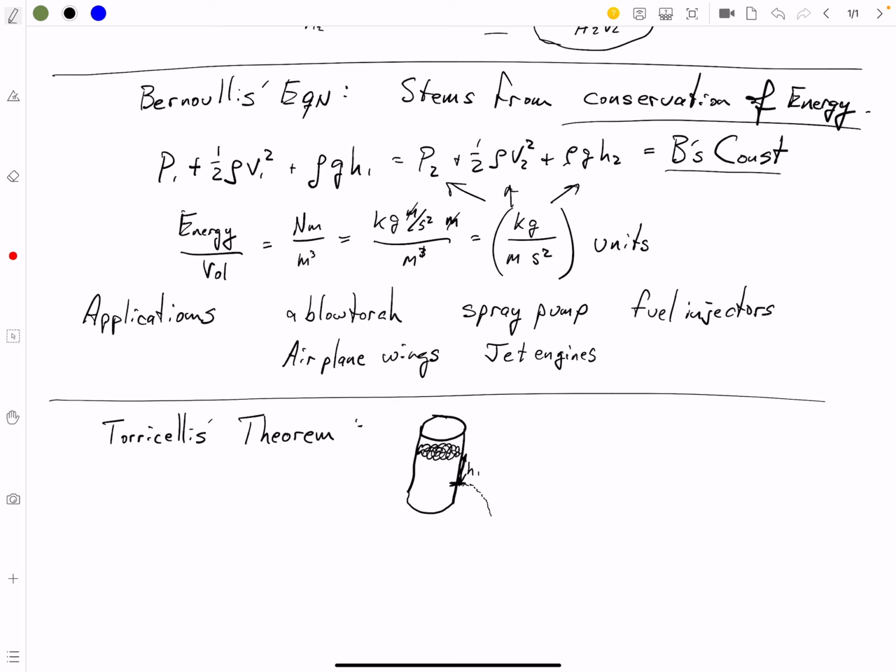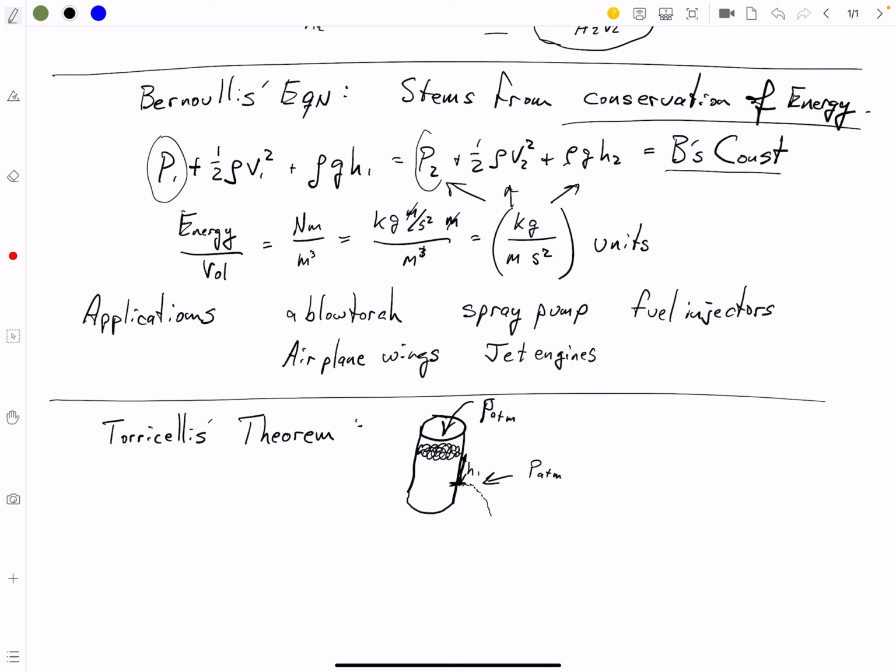So here's the thing: the open end is open to the atmosphere. So we have the pressure up at the top is atmosphere. We have our pressure down at the bottom is also open to the atmosphere. So that allows us to come back up here to Bernoulli's equation.